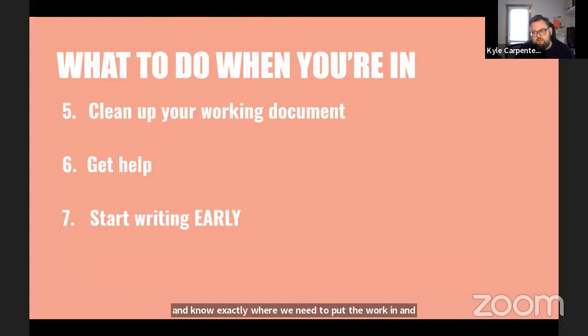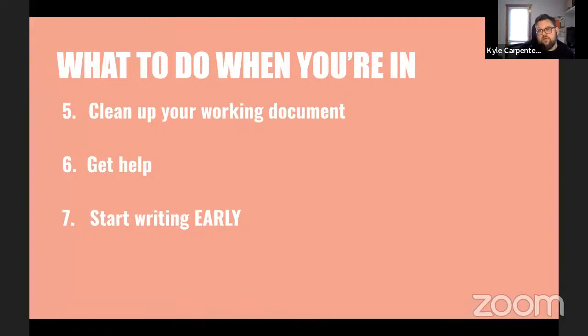And the other tip we've written here is get help, which is always a good piece of advice. These are big documents, or they can be. The more you're able to loop other people in to help you build out your responses, the better off you are.